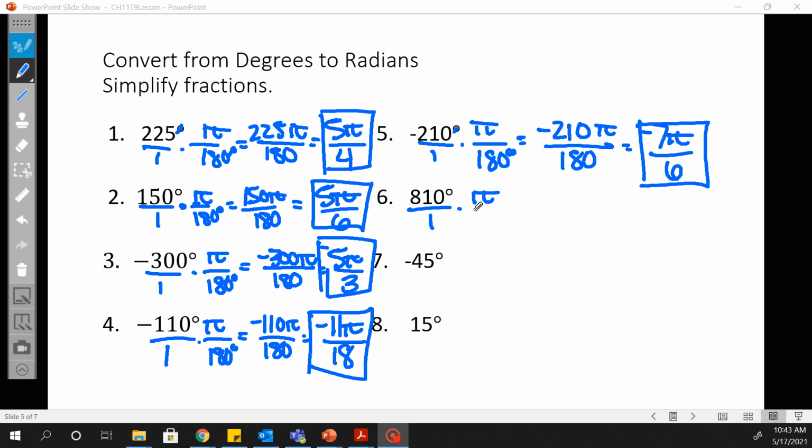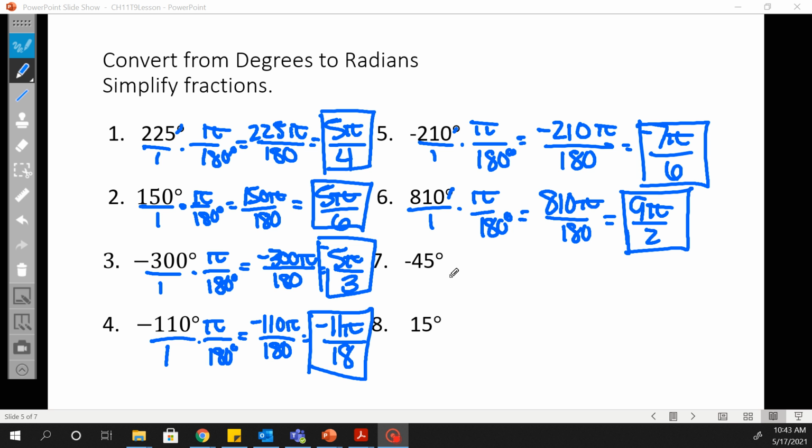Same thing here, pi over 180 degrees, that cancels, so I got 810 pi over 180, and then we simplify that. So that's 9 pi over 2. Negative 45 pi over 180 degrees. Degrees cancel.